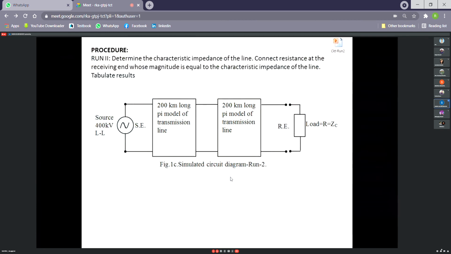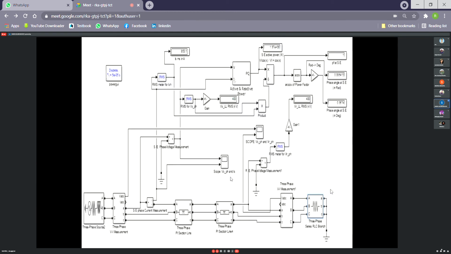Connect a resistance at the receiving end whose magnitude is equal to the characteristic impedance of the line and tabulate results. So here load will not be in terms of P and Q, but equal to some impedance load. So in MATLAB Simulink, when load is in impedance mode, then we have to connect a series RLC branch. So here only R will be there, no L and C.